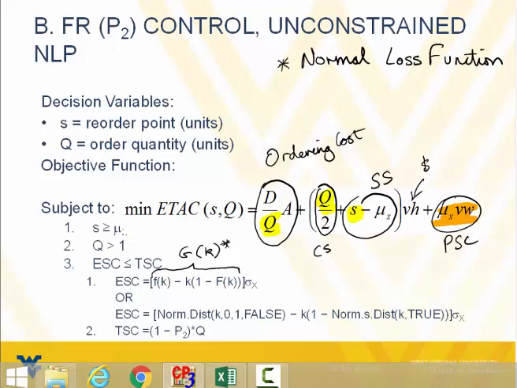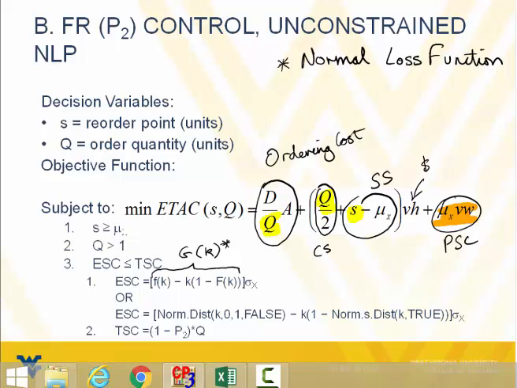That's what this third constraint is doing. Our expected shots per cycle is calculated by our normal loss function multiplied by the standard deviation of lead time demand. That's just theory, that's just how it works out.